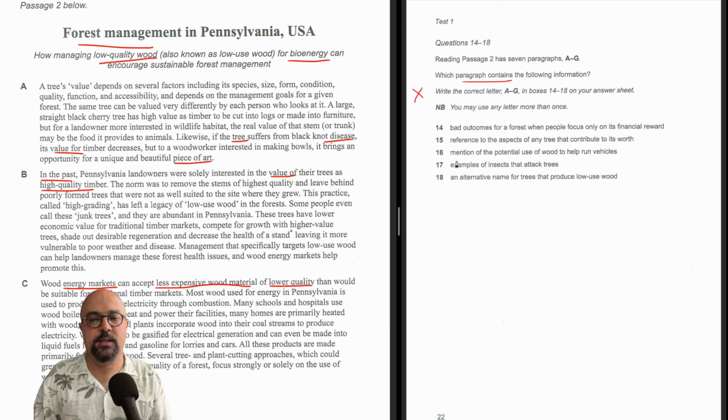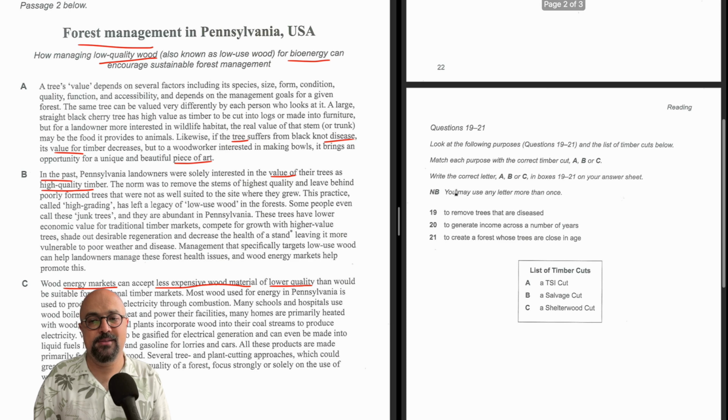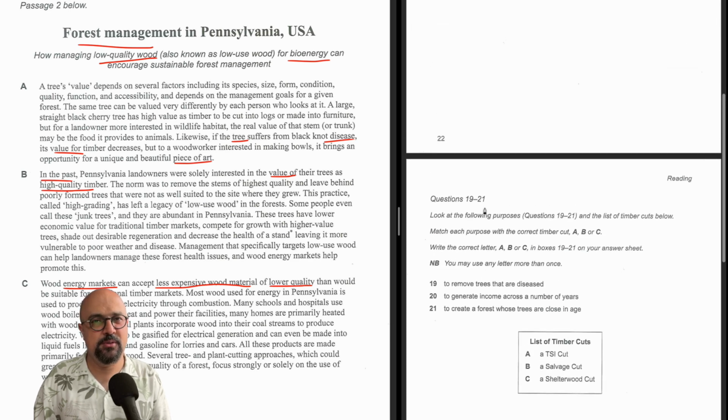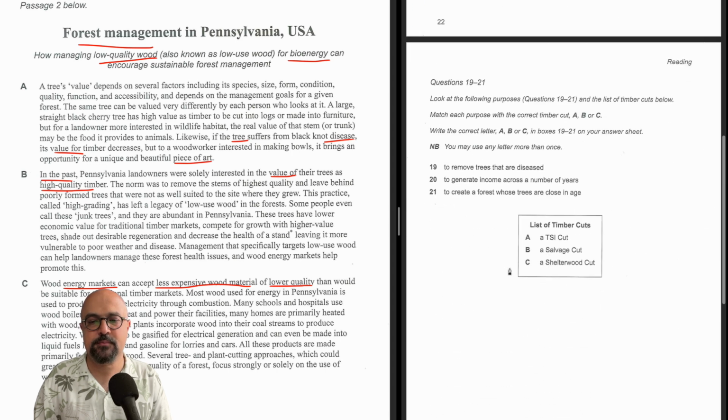This task requires in-depth reading, and it takes a lot of time and energy. The chances are that if we answer the other question types, we'll have understood a lot about the text. So answering 14 to 18 would become much easier towards the end of this test.